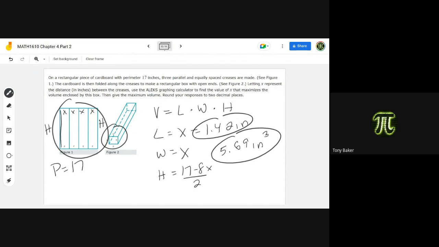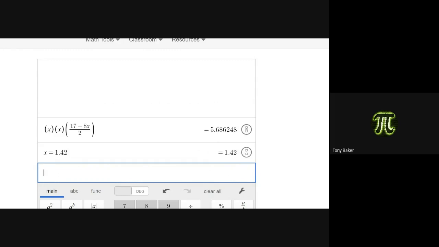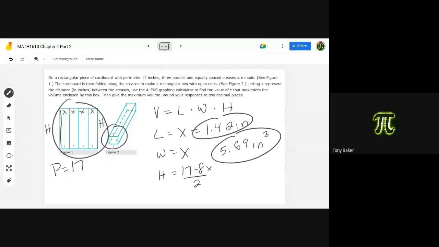I plugged back in the x to find the volume. So that's what we just did here. I just plugged in the 1.42 and it automatically did it there to get the volume. So you don't necessarily have to sit there and calculate it out yourself, or replace all the x's with the 1.42 and possibly forget a parenthesis or something like that. It'll just do it for you.